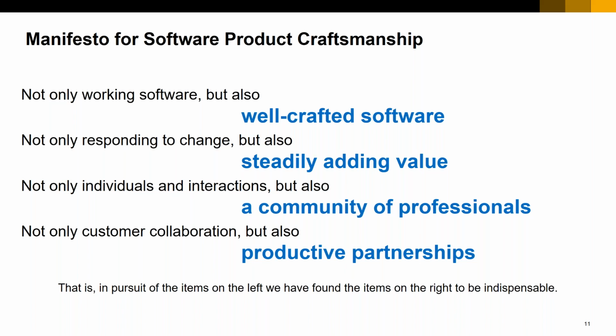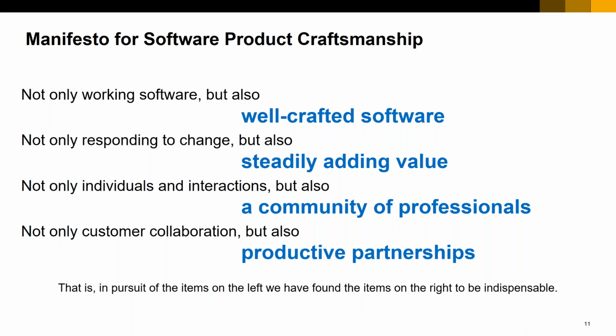Not only individuals and interactions, but also a community of professionals. We always try, at least in the whole B2B ecosystem, in our case within our company, to see if we can have this community of professionals, because for SAP, one of our strongholds is our community of professionals outside in the ecosystem who support us to grow.